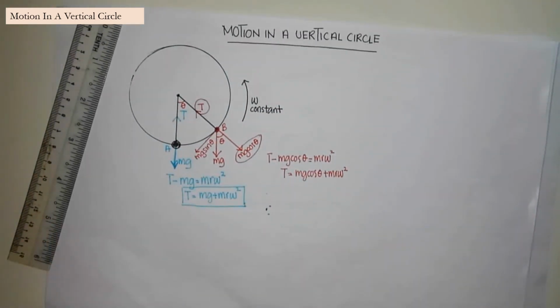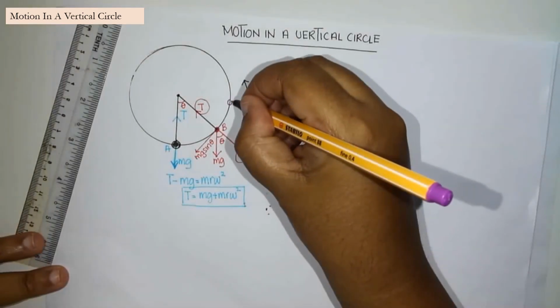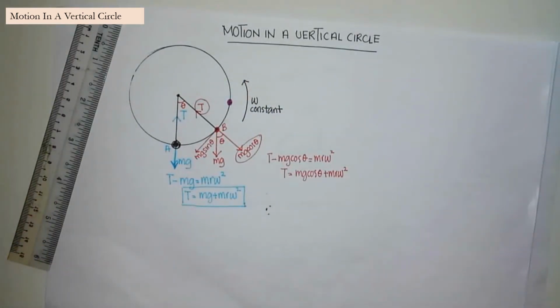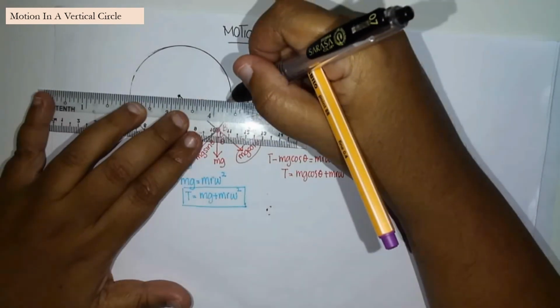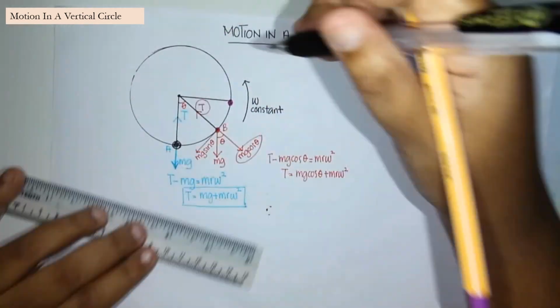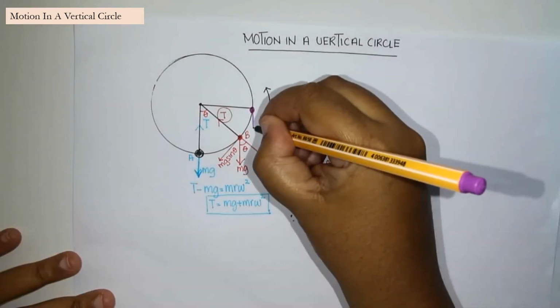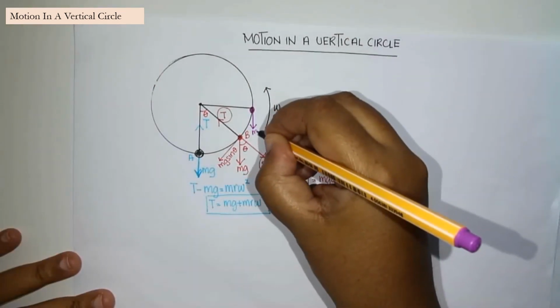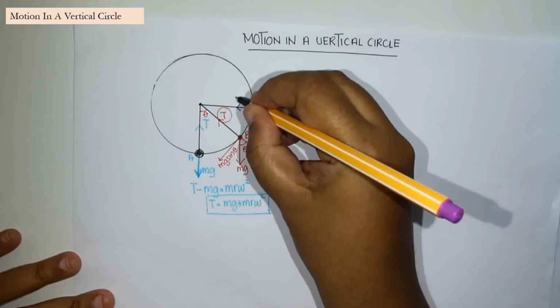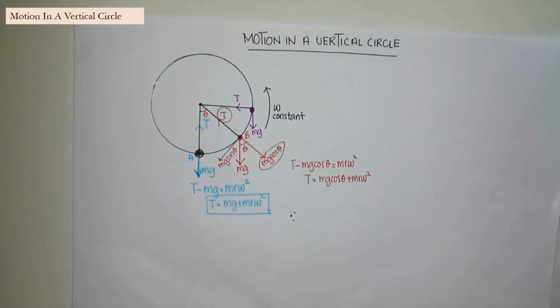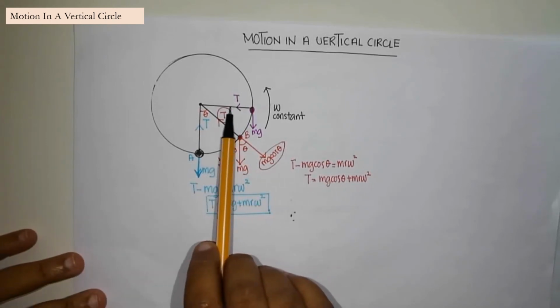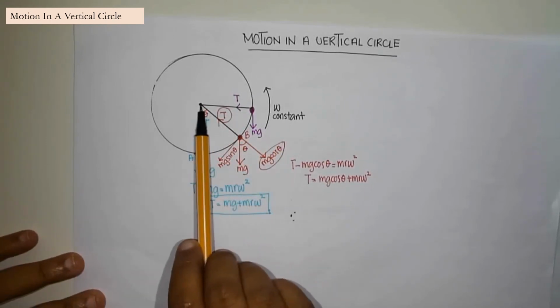Okay, now the stone is here. Okay, this is a string. Okay, what's the first thing I do? I draw the forces. This is the force mg. This is the tension T. Okay, so the force here is T, tension.